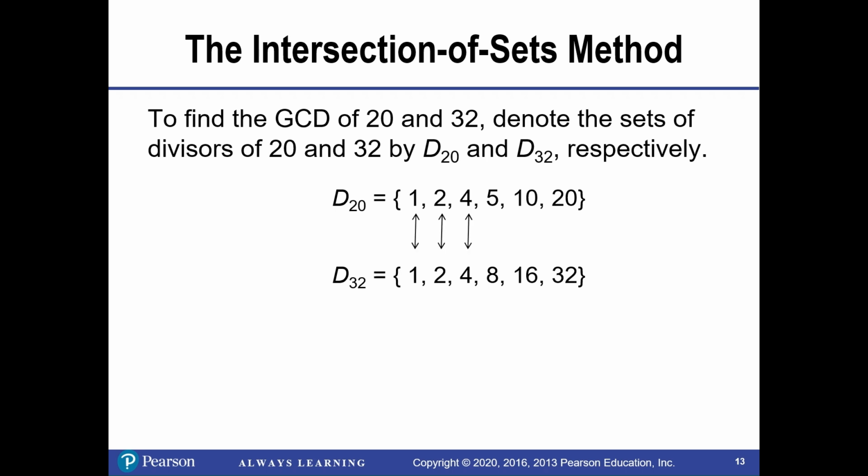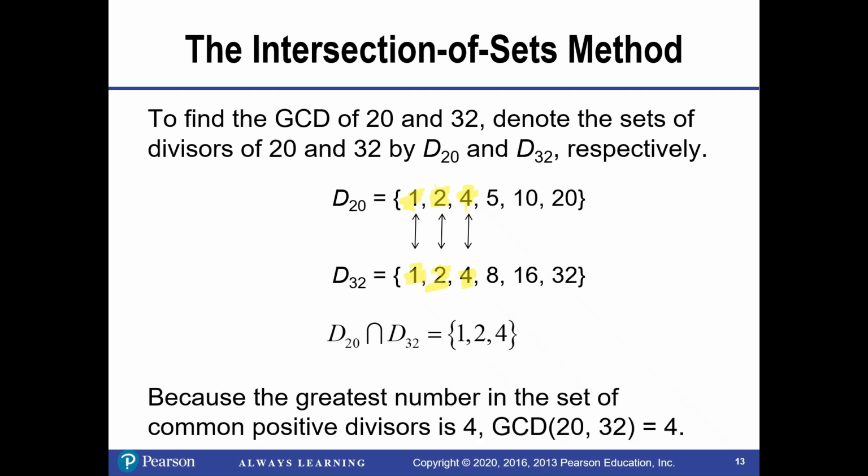So I see that they share 1, they share 2, and they share 4 as common divisors. So the intersection of these two sets of divisors is 1, 2, and 4, and the greatest number in that intersection of the sets is 4. So the greatest common divisor of 20 and 32 is 4.